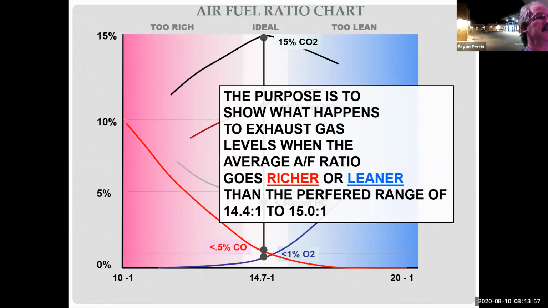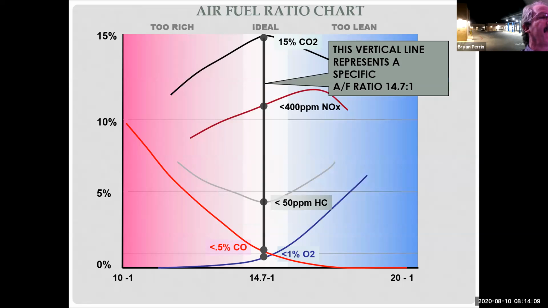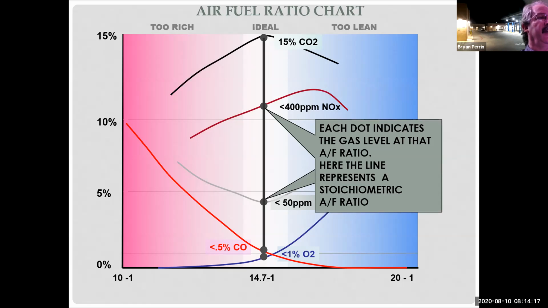So the purpose is to show what happens to exhaust levels when the average air-fuel ratio goes richer or leaner than the preferred range. The vertical line represents a specific air-fuel ratio, 14.7:1, in this case the stoichiometric ratio.